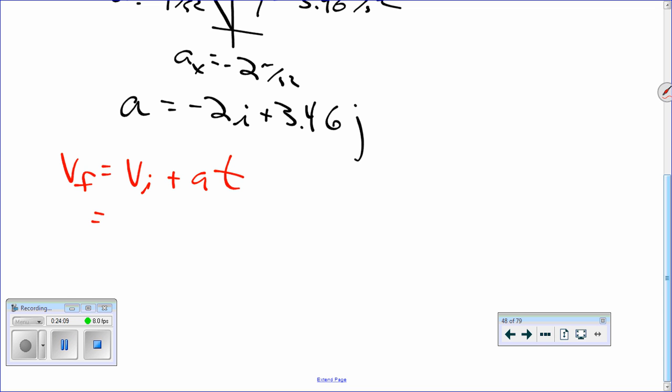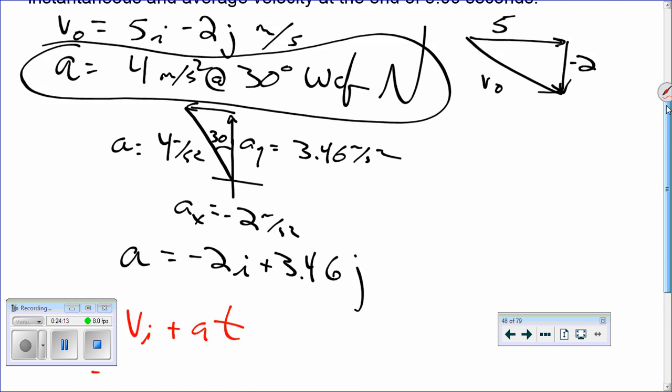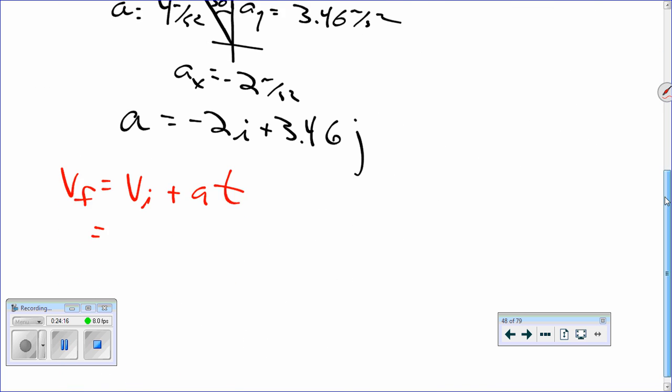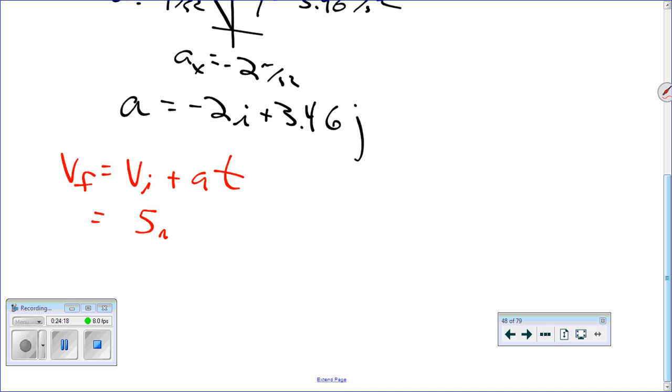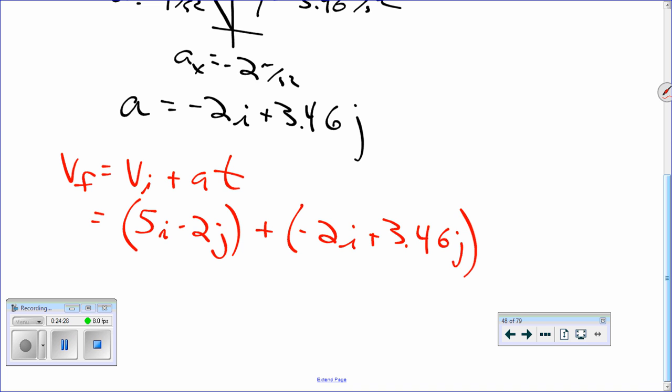My initial velocity is 5i minus 2j, plus my acceleration, -2i plus 3.46j, times 5.